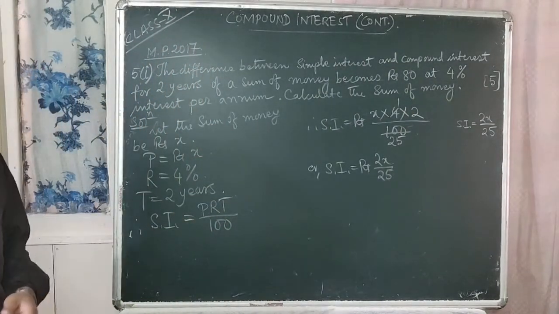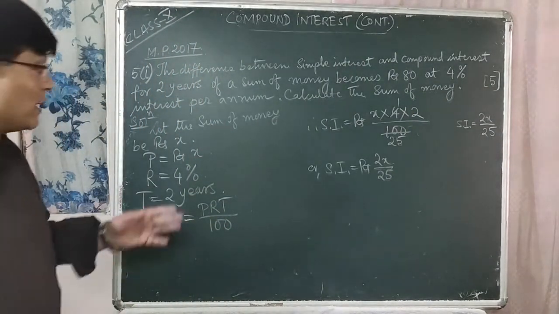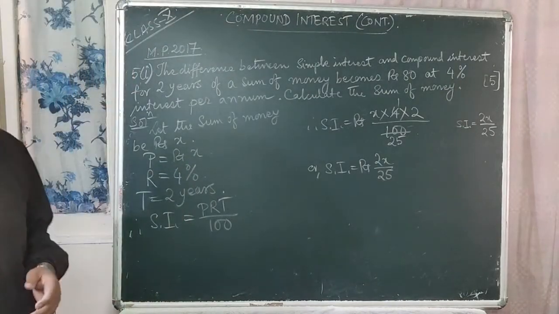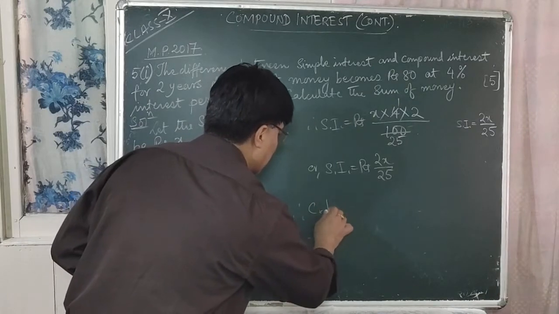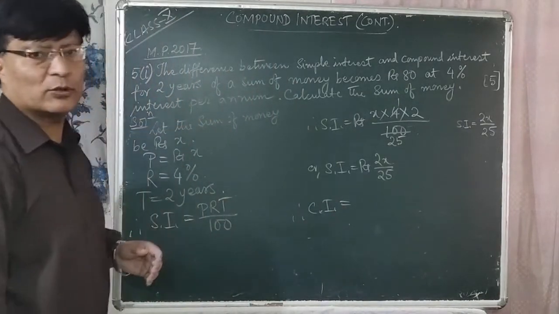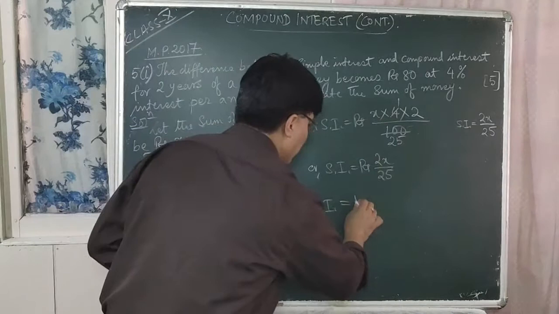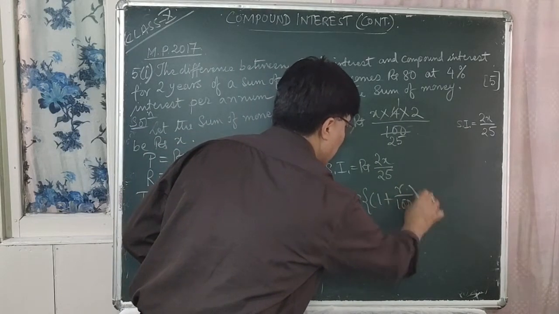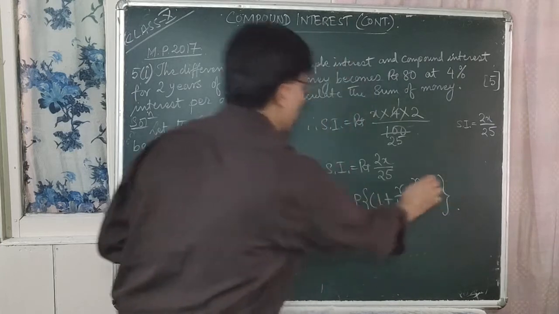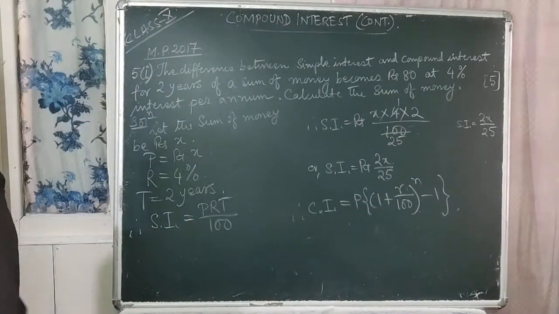Now let us calculate the compound interest now. अब हामी के calculate गर्छौं? Compound interest. So right now, therefore CI. What is CI is equal to, what is the formula? P within second bracket 1 plus R upon 100 whole to the power n minus 1, right? So this is the formula that you can use here.